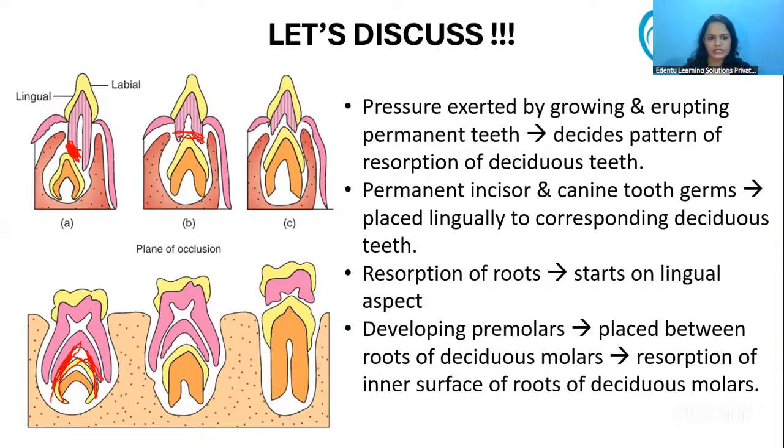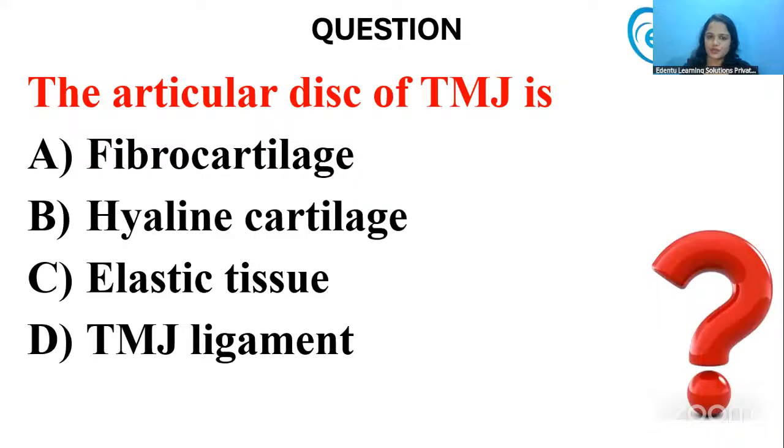That is also a characteristic of the permanent tooth bud. As the resorption goes on, the bud is placed right under the deciduous tooth, and once it is shed, the tooth erupts into the oral cavity. So that is about the eruption and the resorption process.